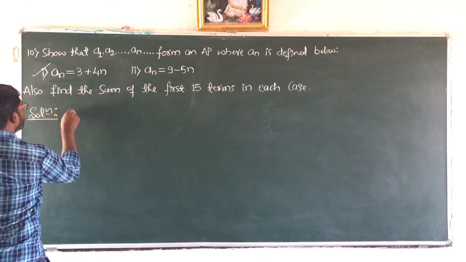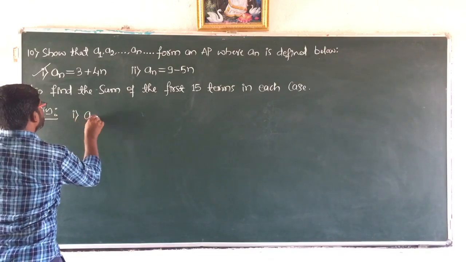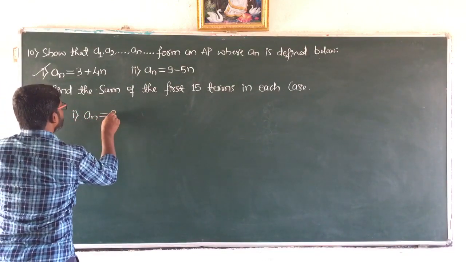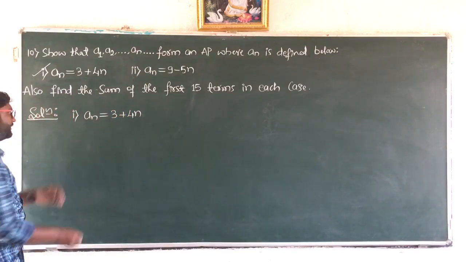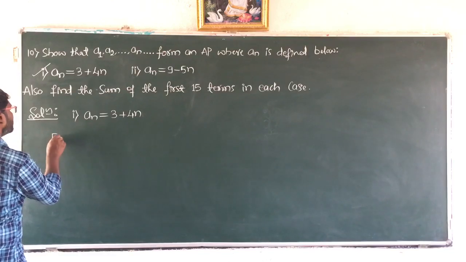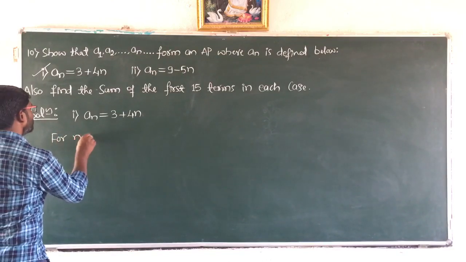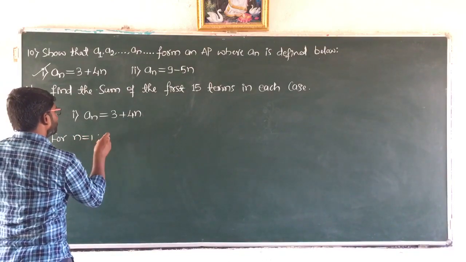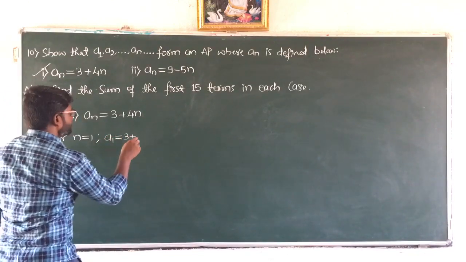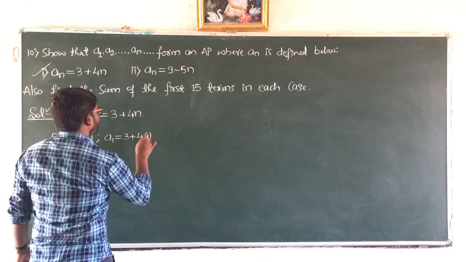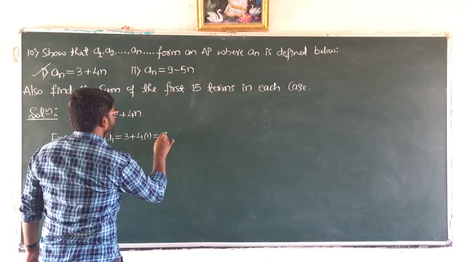So first one, an is equal to 3 plus 4n. So now for n equal to 1, we get a1 which is equal to 3 plus 4 into 1, which is equal to 7.